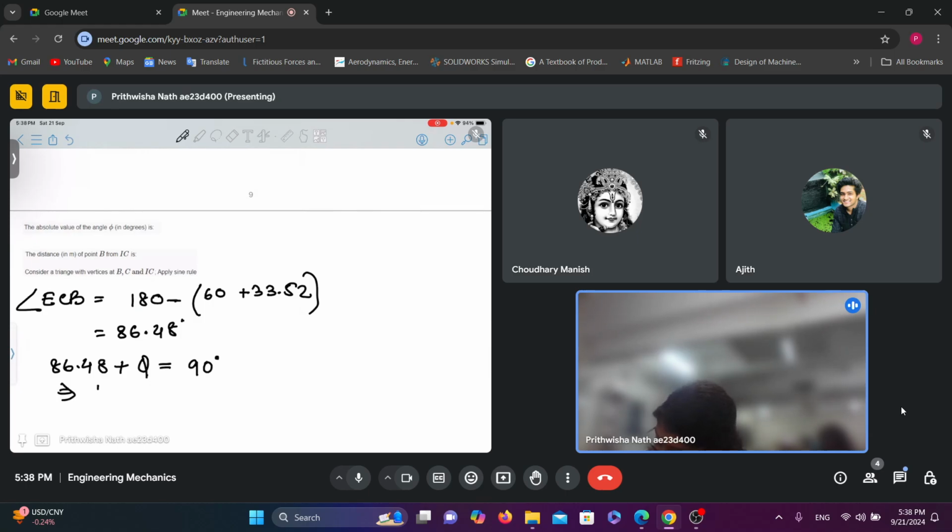So from here phi equals 3.5 degrees. So is there any doubt in this problem? In this part of the problem?